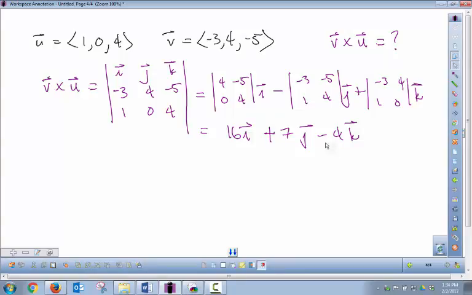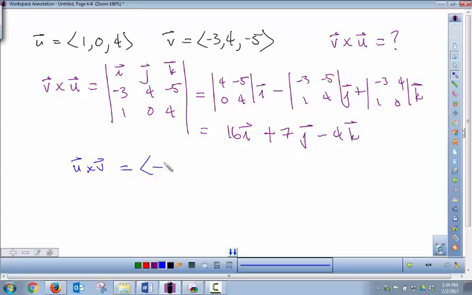So if we compare this to the result that we got last time, U cross V was negative 16, negative 17, positive 4, and we see that this is the exact opposite. And that's another not coincidence.